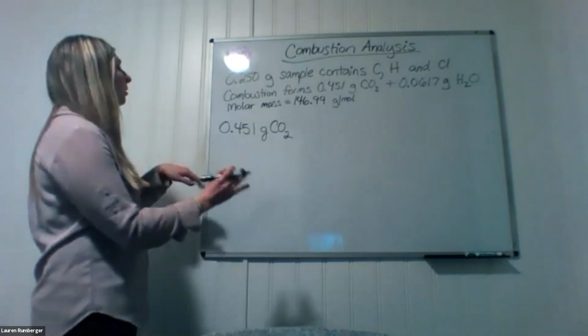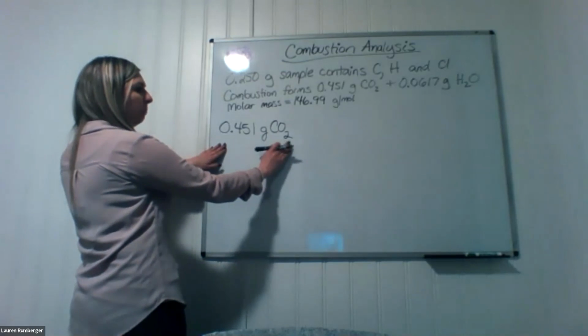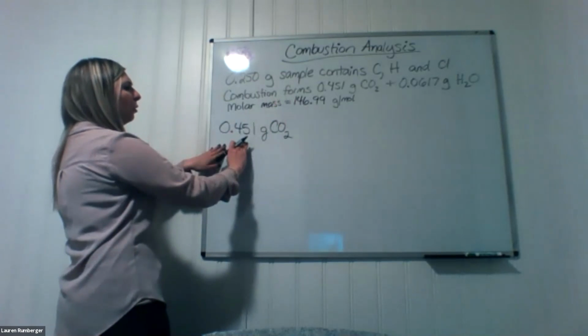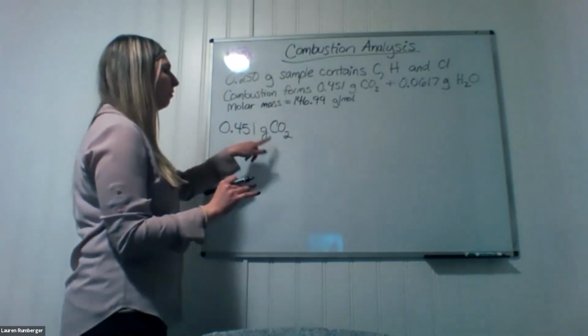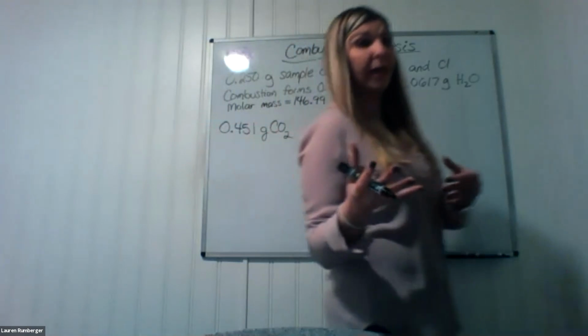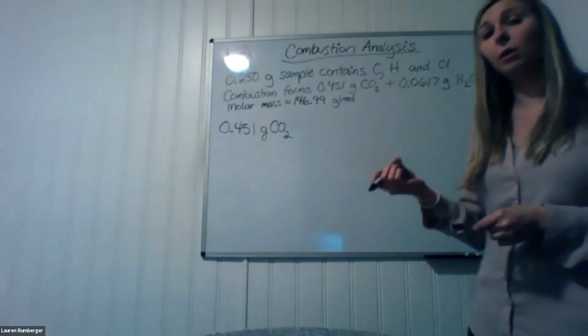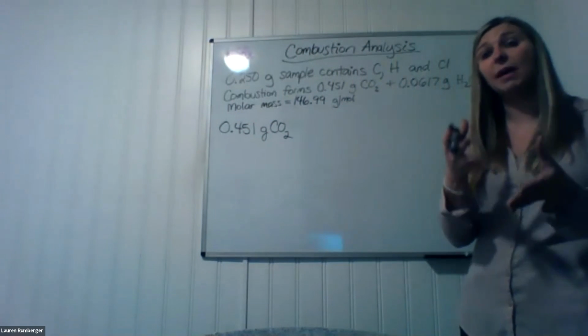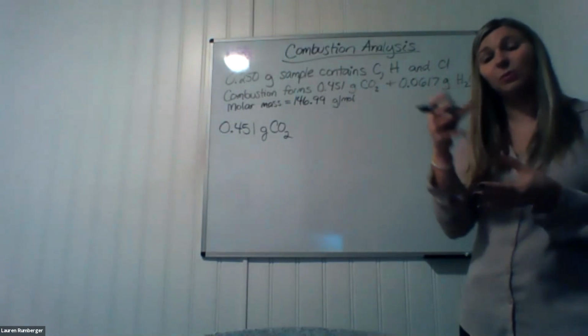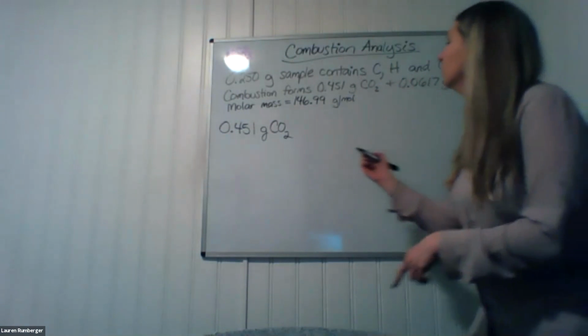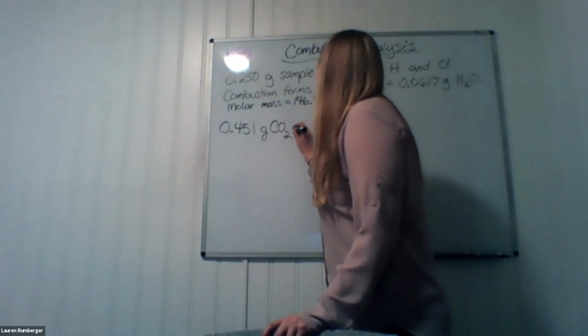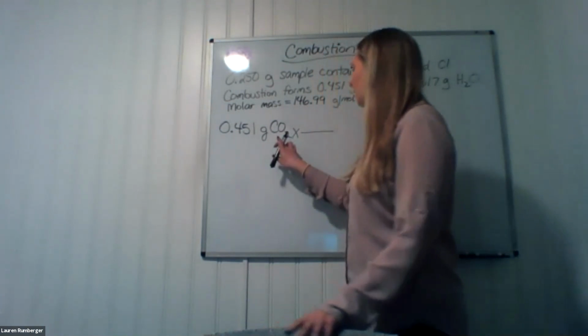Okay. So we're going to start with taking our amount of carbon dioxide that was formed, and we're going to convert this into moles. Okay. Because from moles of carbon dioxide, we can find out the amount of carbon that was formed. So we're going to take the molar mass of carbon dioxide.